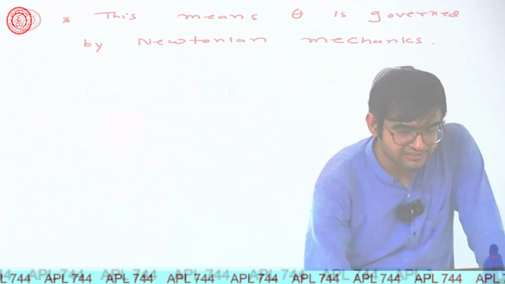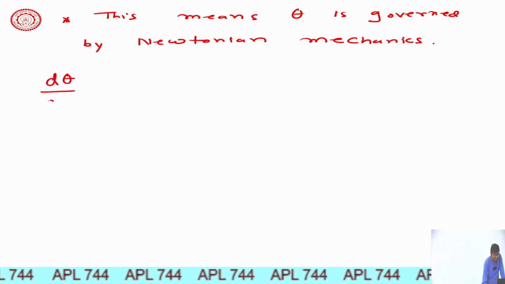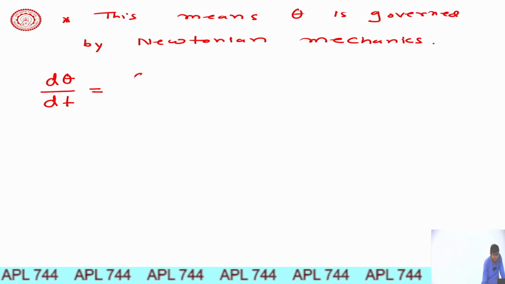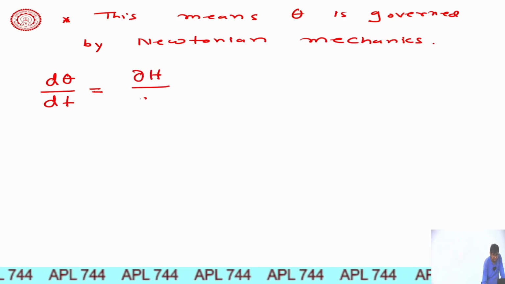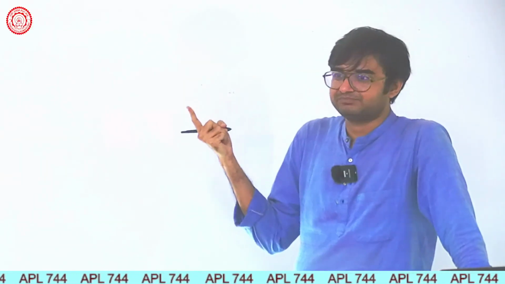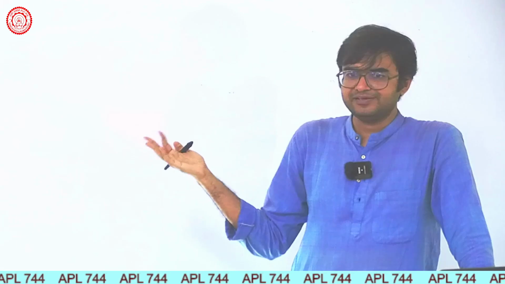Okay. So this means theta is governed by the Newtonian mechanics. And for Hamiltonian, the equation takes the following form: d theta by dt is equal to del H by del M, where M is the momentum, H is a function of momentum and theta position, which is equal to, H is equal to K plus U. U is not a function of M, so that derivative will become 0.